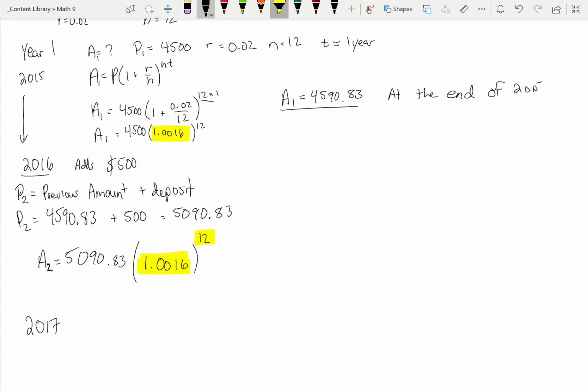And again, I'm counting it only for 1 year because something happens in 2017, so I want to do this 1 year at a time. And then this is going to give me a grand total of $5,193.59.